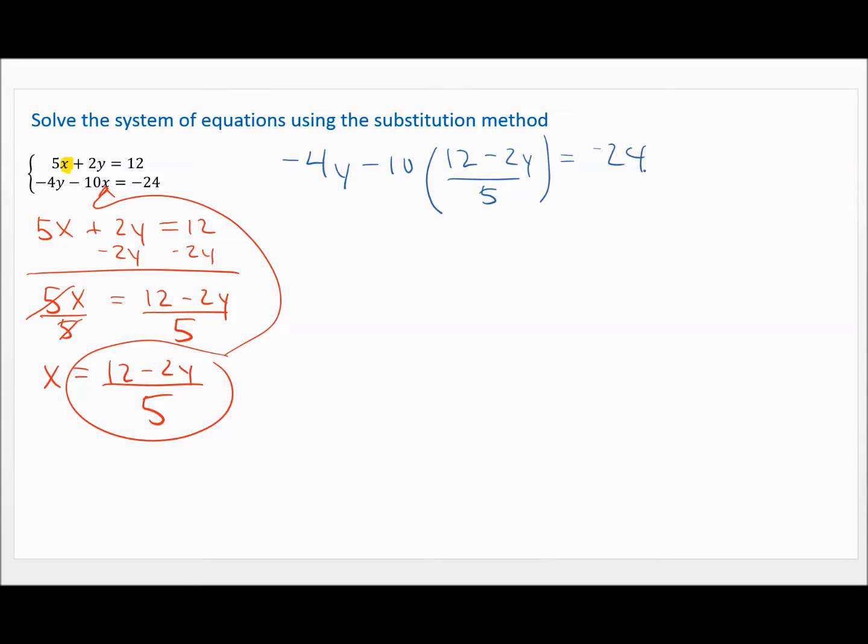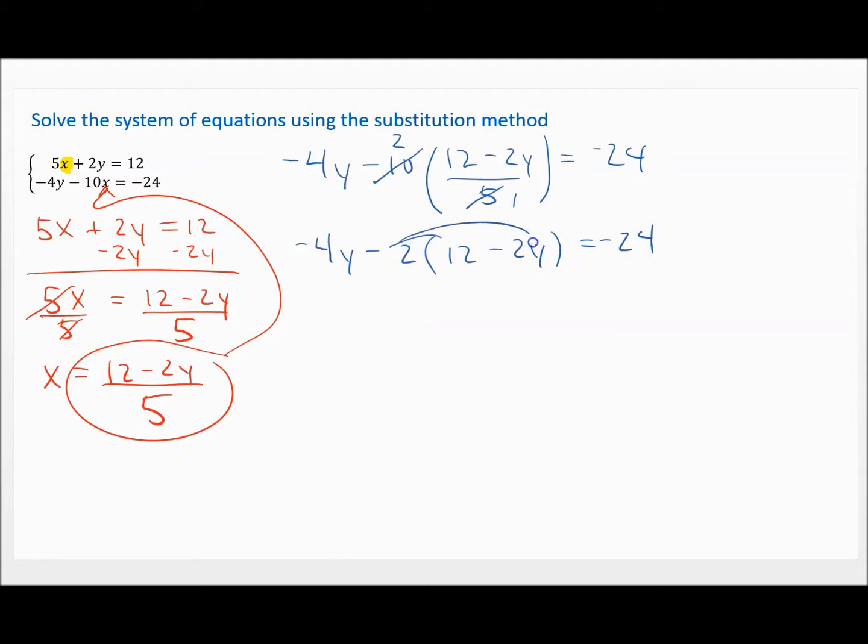Now, the great news, and this does not always happen, by the way, is that this 5 and this 10 cancel to leave a 2. So I don't have any more fraction to deal with, because 5 goes into 10 twice, 5 goes into 5 one time. So now I have negative 4y minus 2 times the quantity 12 minus 2y equal to negative 24.